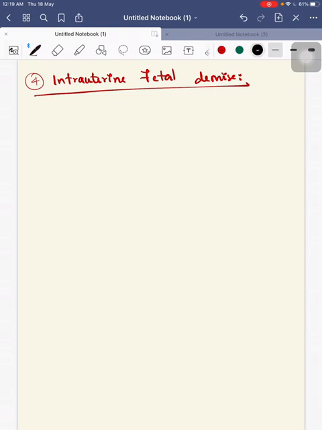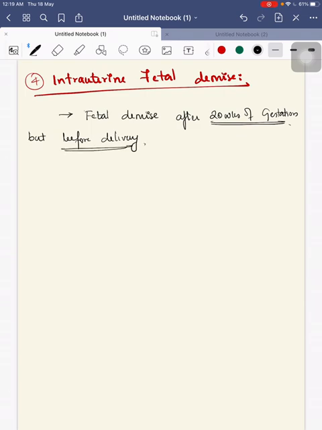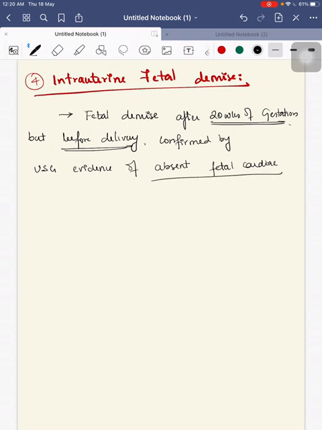Intrauterine fetal demise refers to a fetal demise that occurs after 20 weeks of gestation but before delivery, which is confirmed by the USG evidence of absent fetal cardiac activity. Okay, this is called intrauterine fetal demise.